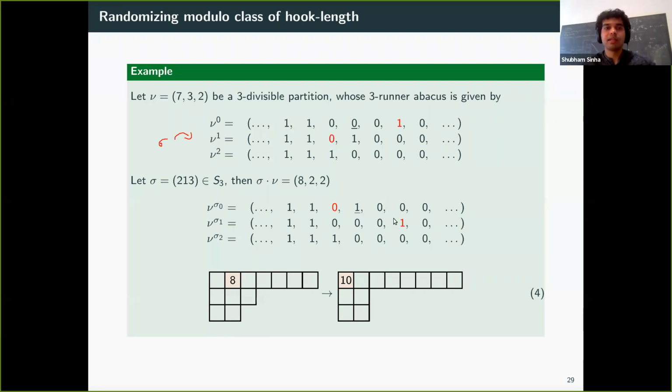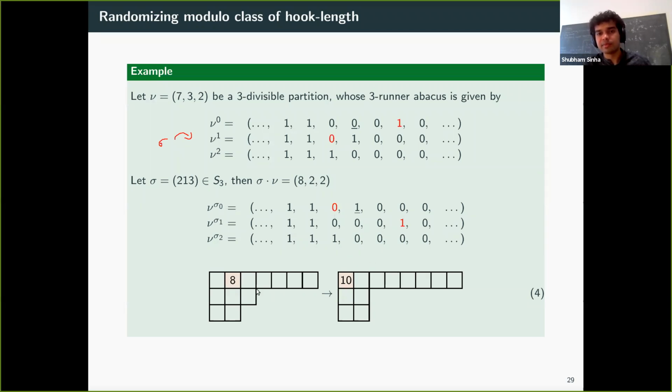And if you take an S_T orbit, then you will see that you will get all the partitions for the given marked cell. So these are in the smoothing, right? As I said earlier, these are invariant.